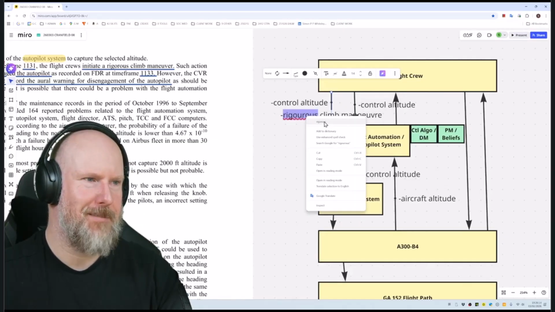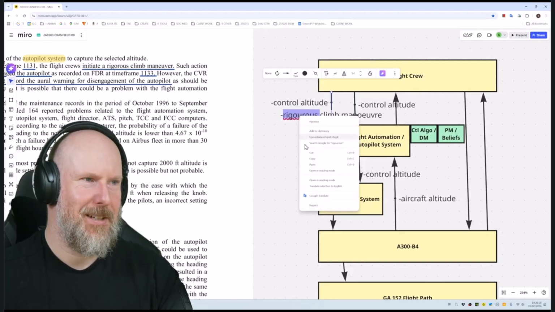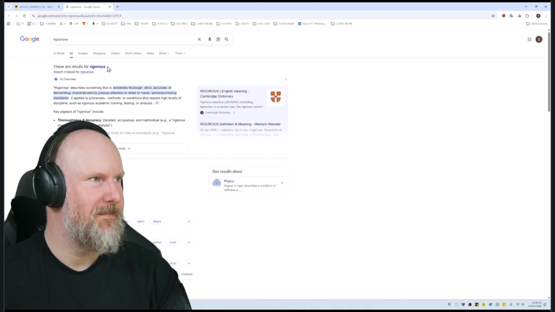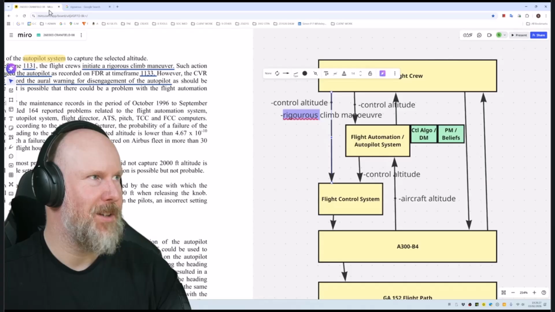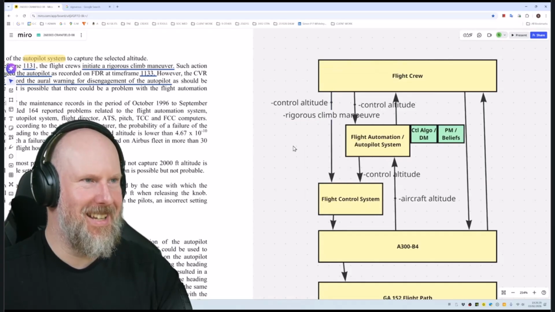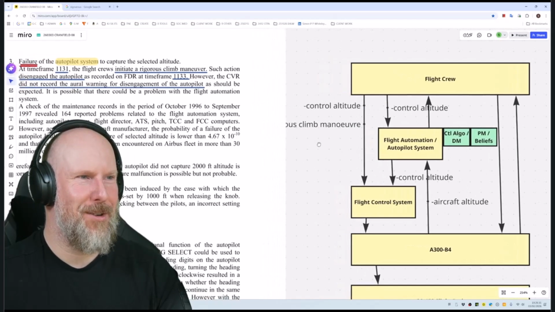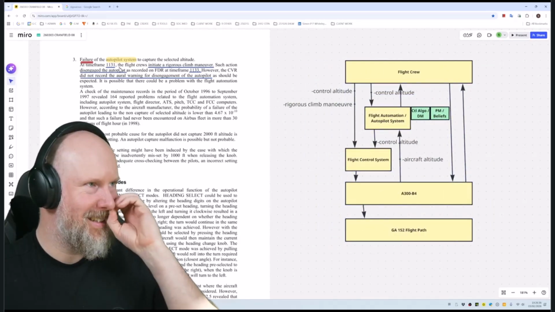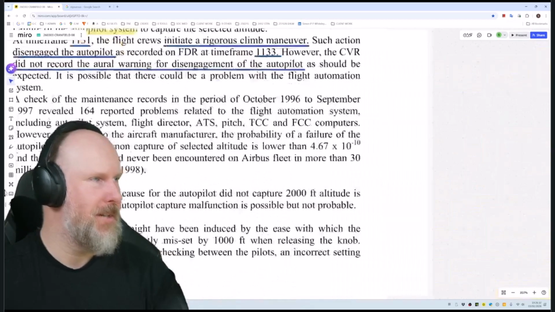Is that an American spelling? Come on. Rigorous. Okay, all right, I'll let you have this one. So rigorous climb maneuver, and it says, where is it? Rigorous climb maneuver, there we go.